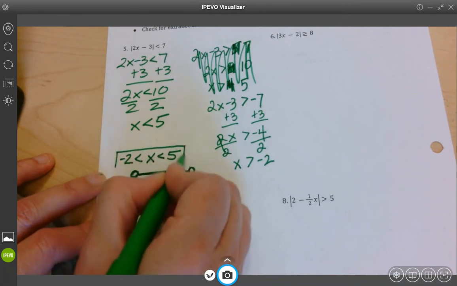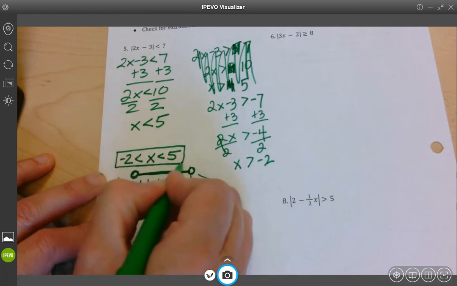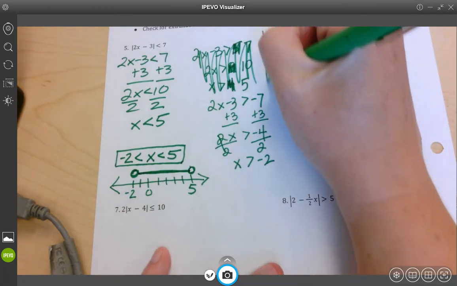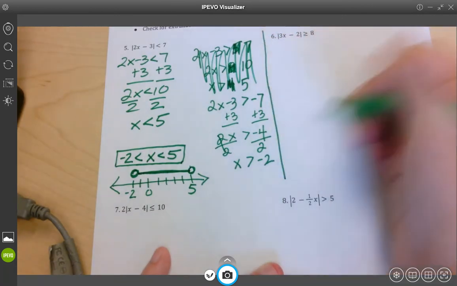Puts my two answers together. Can't always do that. Sometimes they won't go together like that. We'll see an example soon. All right, let's try number 6 and we'll see if we can do it without any typos. Some of you are done. If you're done, you can compare with somebody.